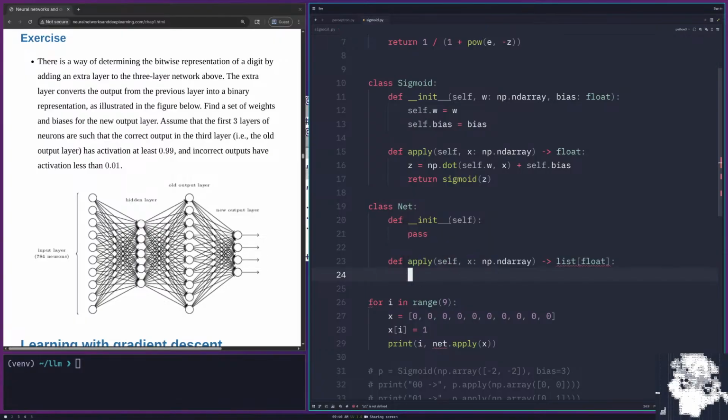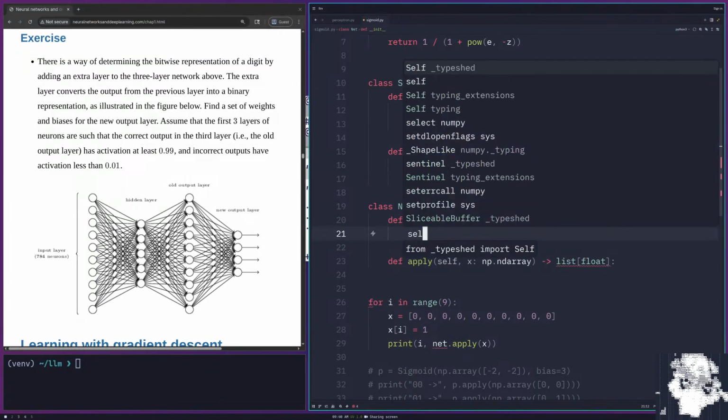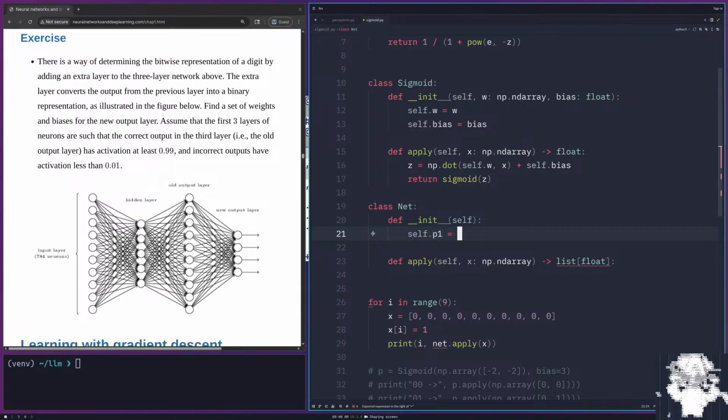You're gonna have a bunch of perceptrons. So self.p1 equals, or no, they're not perceptrons, they're sigmoids. S1 equals sigmoid of some weights and biases.